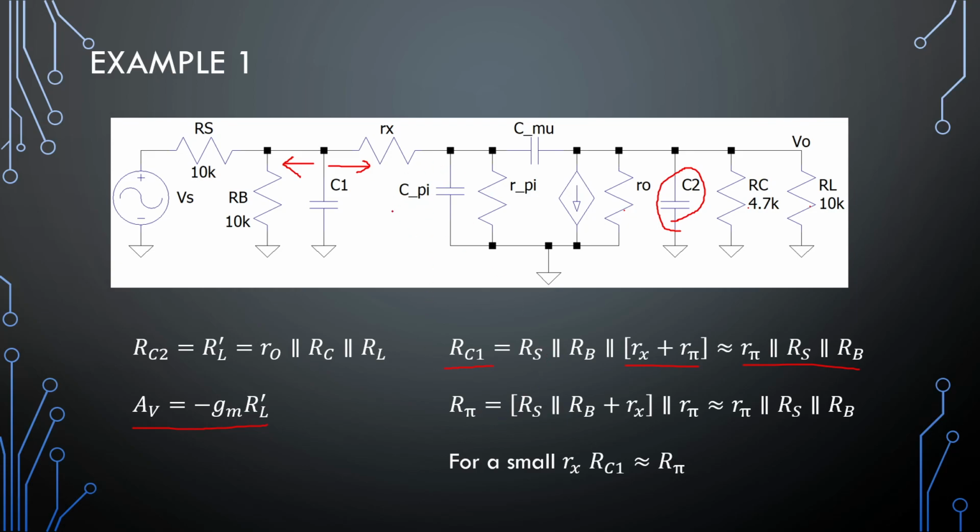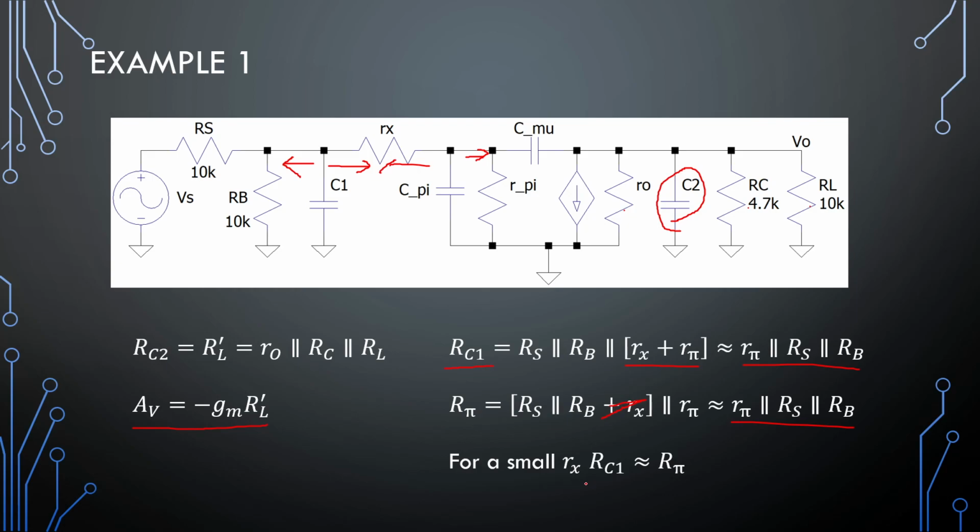Looking at our C pi, here it sees R pi in parallel, and looking to that side, it sees Rx in series with a parallel combination of Rb and Rs. So again, if Rx is much smaller than Rs parallel to Rb, it will reduce to the same equation as what we have above.